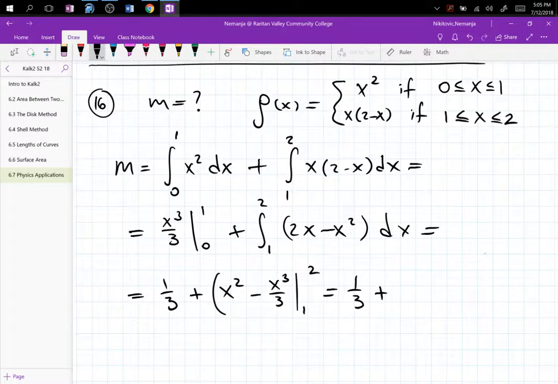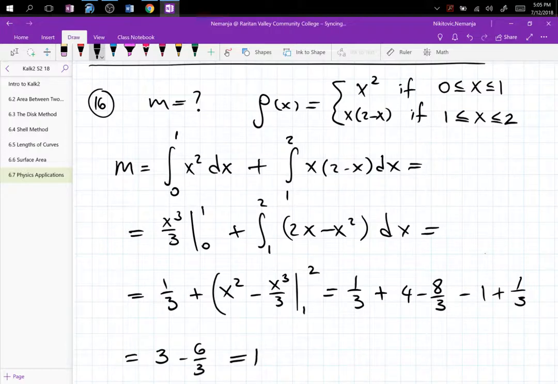So that's 1/3 plus 4 minus 8/3 when I plug in 2, and then minus 1 minus 1/3. Great. 4 minus 1 is 3, and then minus 6/3. So the whole thing is 1. Good.